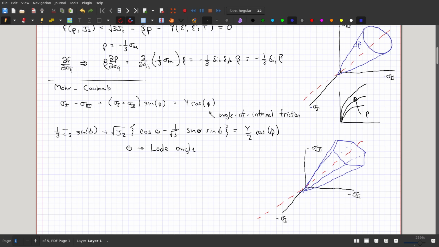So it's like the Tresca yield criteria with a pressure dependence. That's what Mohr-Coulomb is.